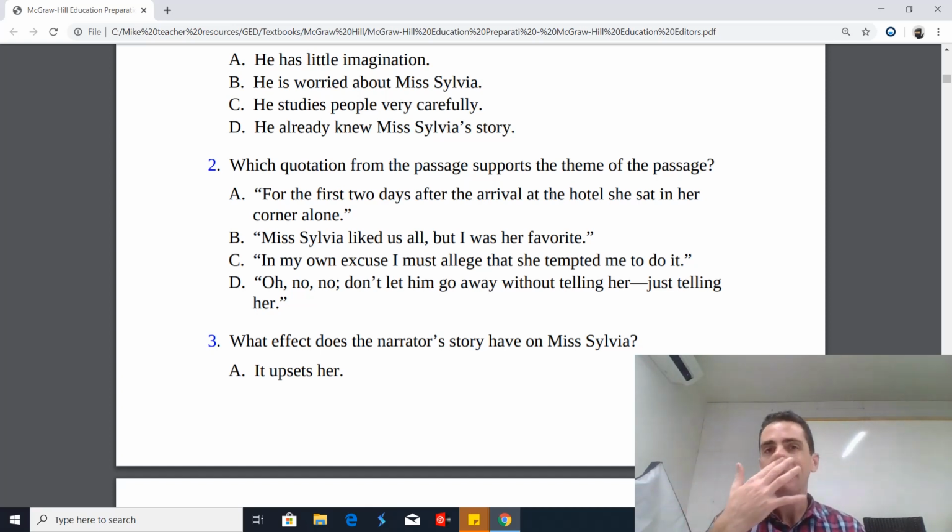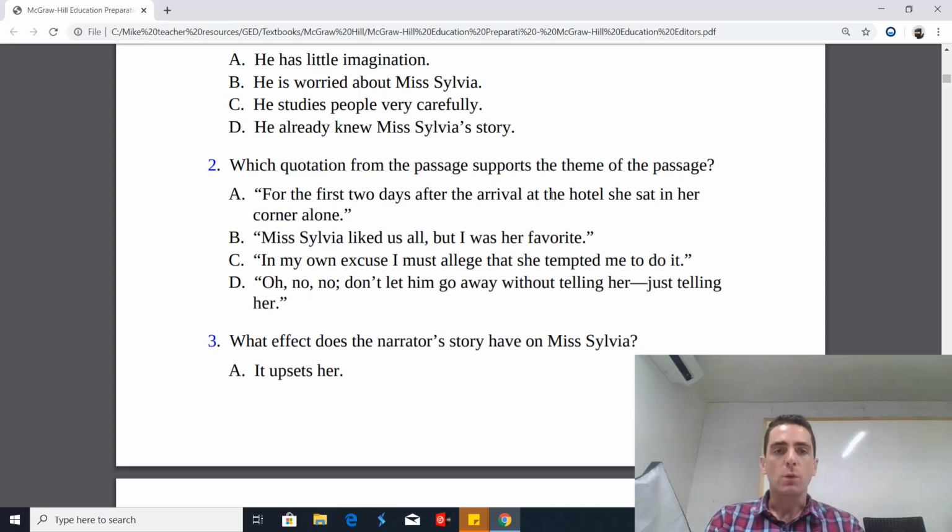The theme could be about greed. It could be about ethics, the ethics of something. It could be about love, a broken heart. Okay, so things like this. Themes are kind of like something that hangs over the story and connects everything together. Everything in the story is connected to that idea.